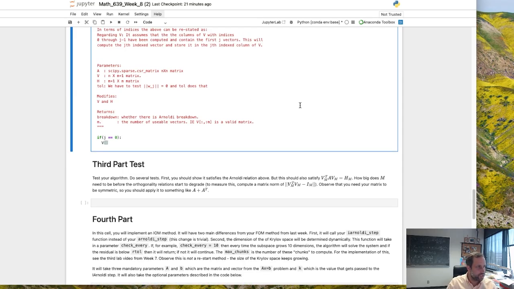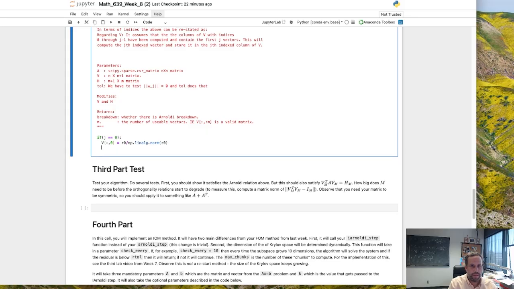The first entry of V is going to be equal to r_0 divided by np.linalg.norm of r_0. And then we return 1 and False. So there's one usable vector, and we did not get breakdowns.